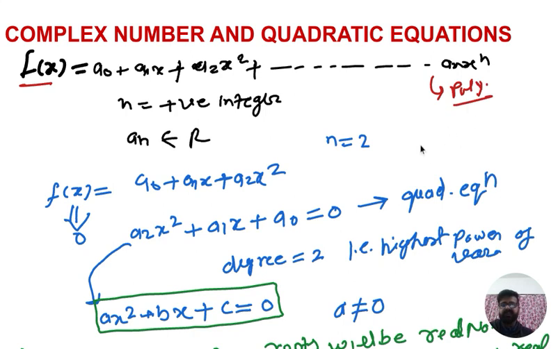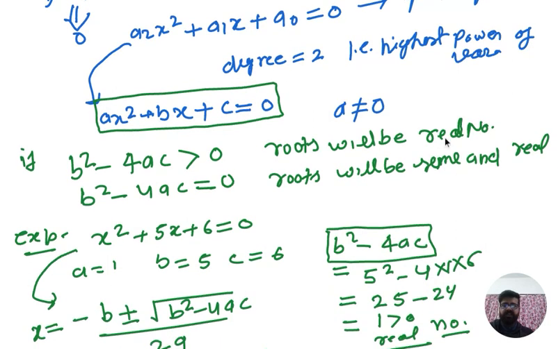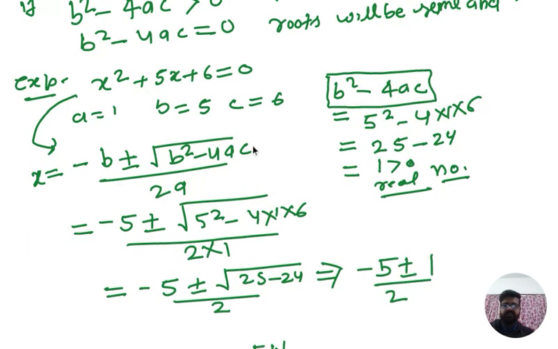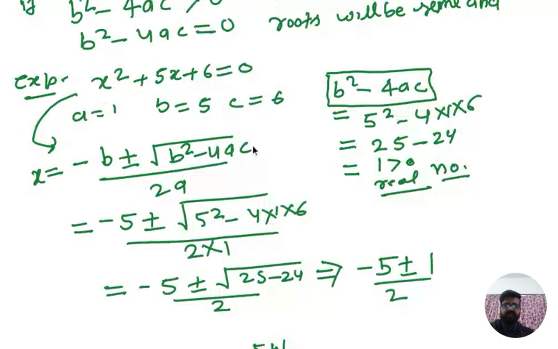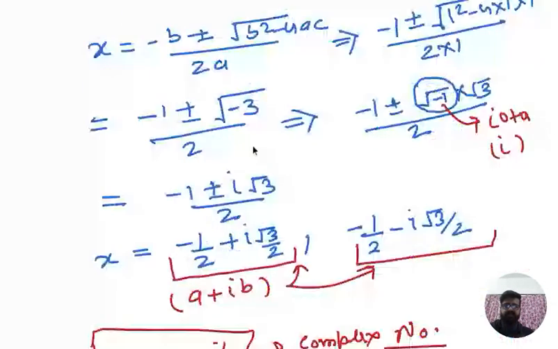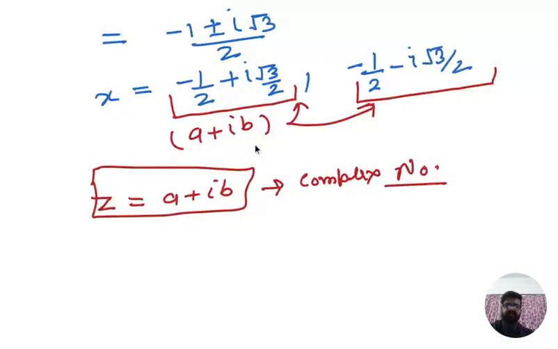And then we found the quadratic equation from this polynomial function, and then we solved our quadratic equation, and we found different kinds of solutions. There were real solutions, and now we found a solution that is not a real number, it is an imaginary number, and this is called a complex number.